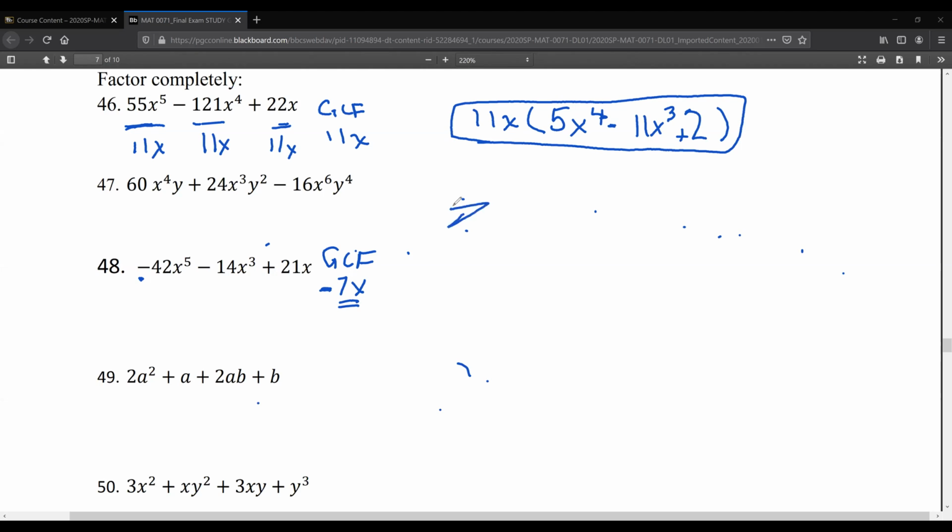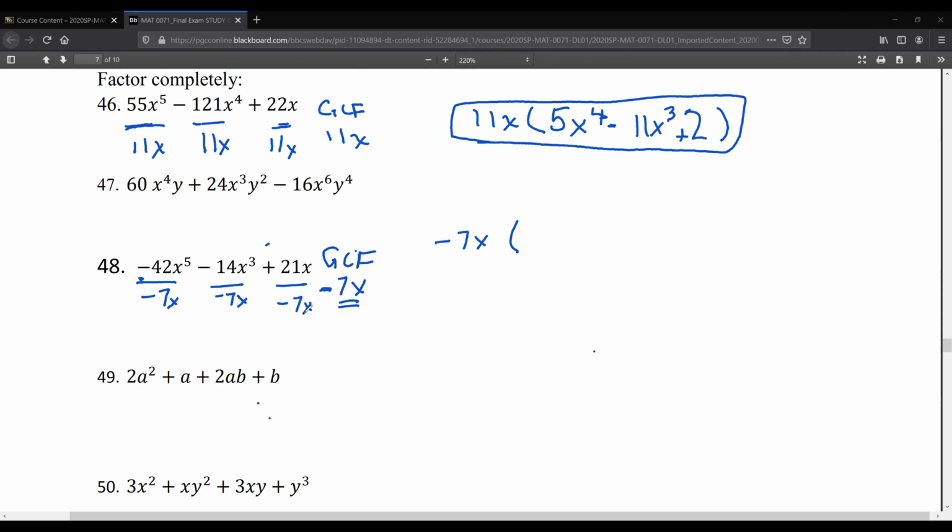Again, some students look at it like a division, and I think that's okay because you're dividing out the greatest common factor, which is a good objective. So if we divide out a negative 7x, you can think about it like that.